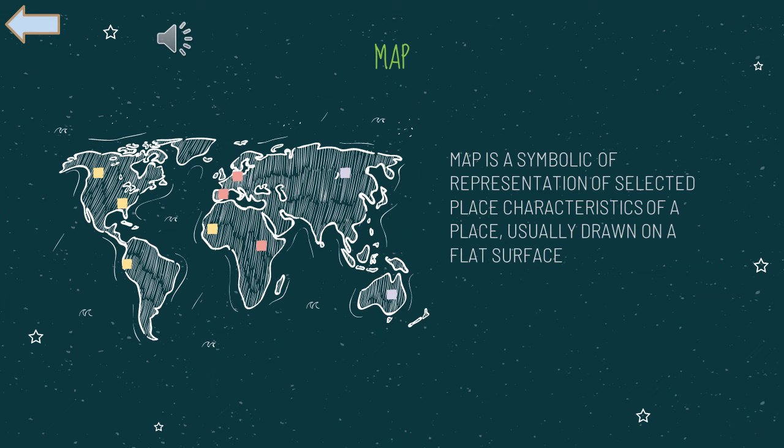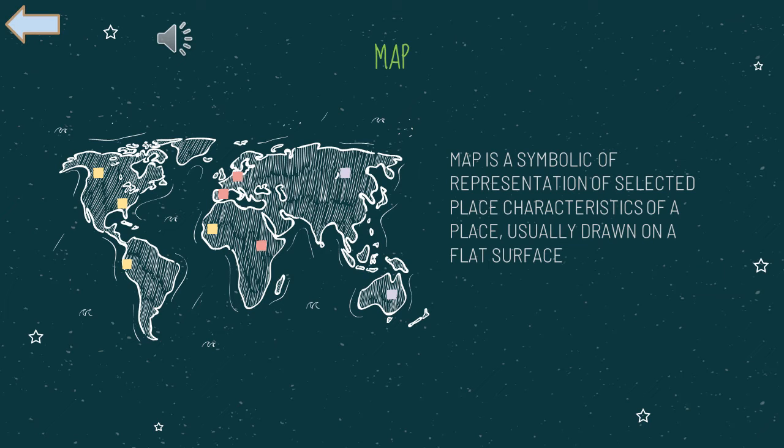And the last but not least in search of visual media is map. The definition of map is a symbolic representation of selected characteristics of a place, usually drawn on a flat surface.